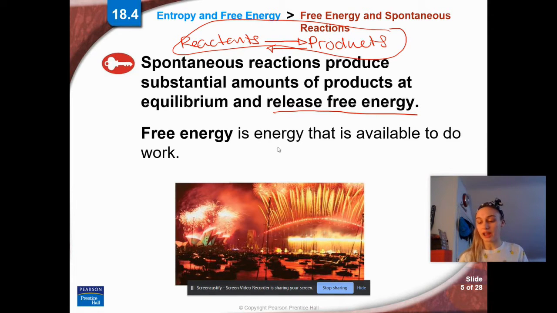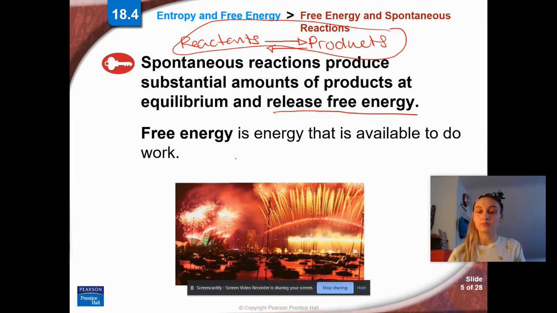And so sometimes what happens is a spontaneous reaction will be coupled with a non-spontaneous reaction. So if a spontaneous reaction is one that gives off energy, and a non-spontaneous reaction is one that needs energy, it would make sense to pair those reactions so that when the spontaneous reaction occurs and there's a release of energy, the energy that's released from the spontaneous reaction will go into the non-spontaneous reaction and make it happen because of the free energy, if that makes sense.